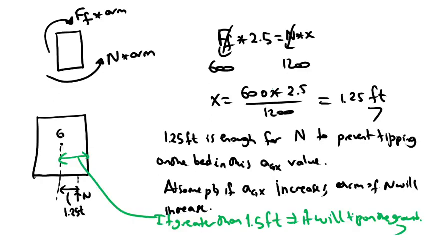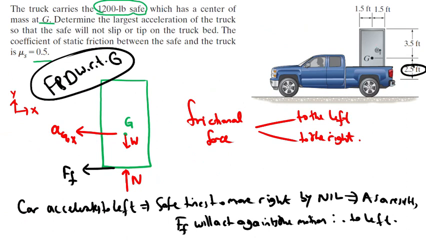Mathematically the equation is right, you will have some value for the arm, but physically this is the end of the safe. It cannot maintain its equilibrium because this is the end. You cannot have more than that. That's the reason that at that point it will tip over. Thank you.